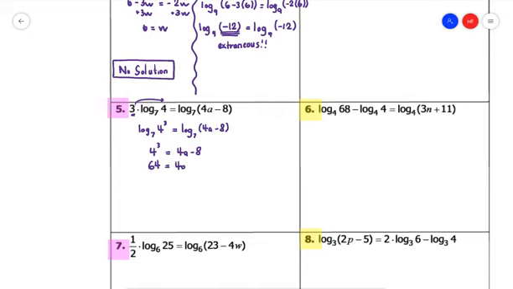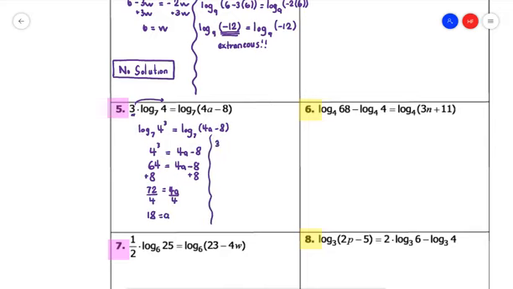So 64 equals 4a minus 8. We'll add 8 to 64. 72 equals 4a. And then we'll divide by 4, and we get that 18 is our value for a.